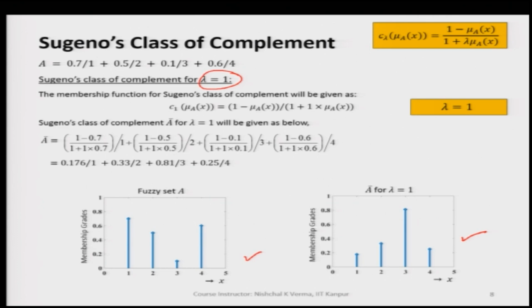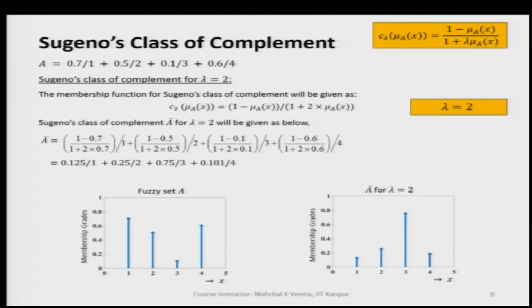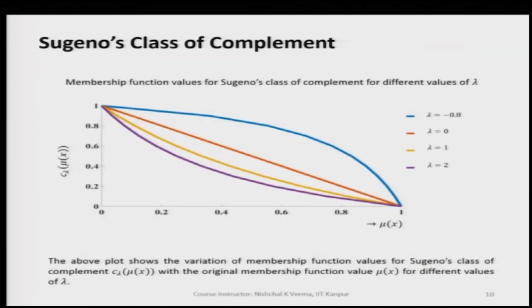So, this is C lambda, the complement operator, the Sugeno's complement for lambda equal to 1, and then here for lambda equal to 2 we are getting the Sugeno's complement. So, this way we are getting 4 different fuzzy sets as Sugeno's complements for different values of lambda.